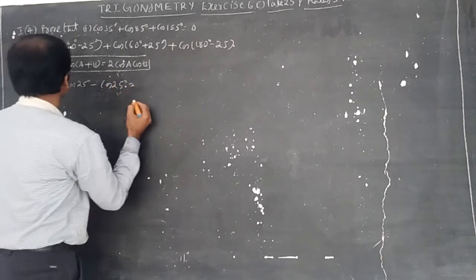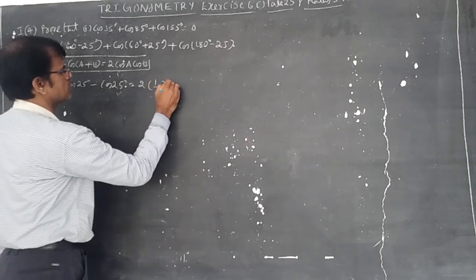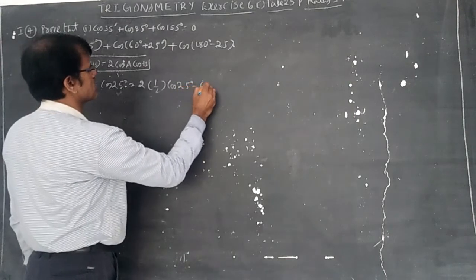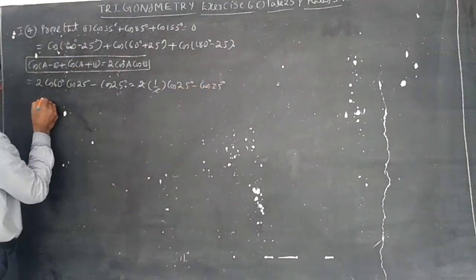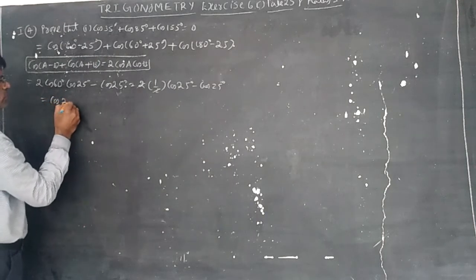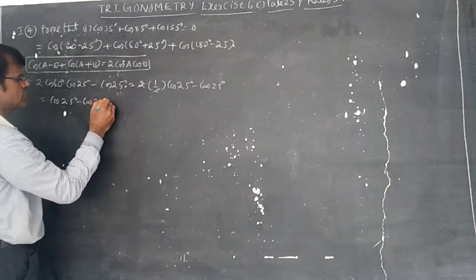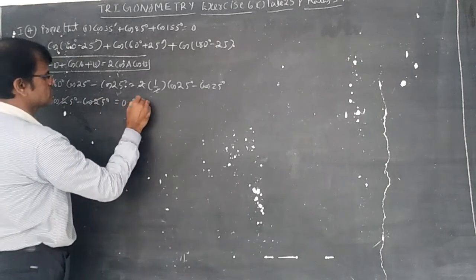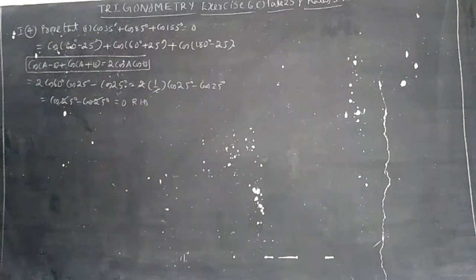That is equal to 2 into cos 60 value 1 by 2 into cos 25 minus cos 25. The 2 gets cancelled. That is equal to cos 25 minus cos 25, equal to 0. This is RHS. This is LHS.